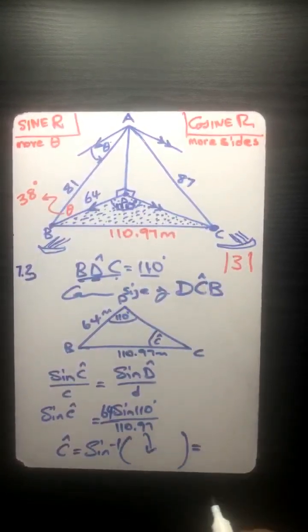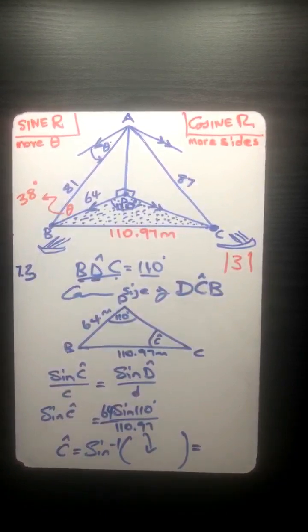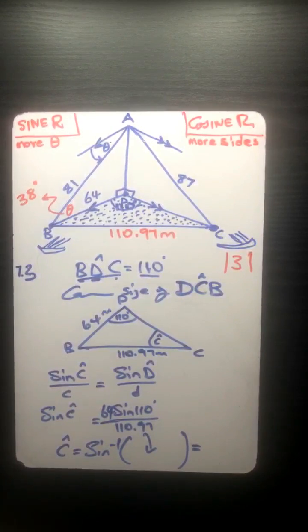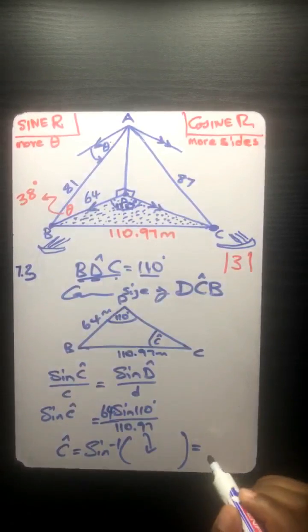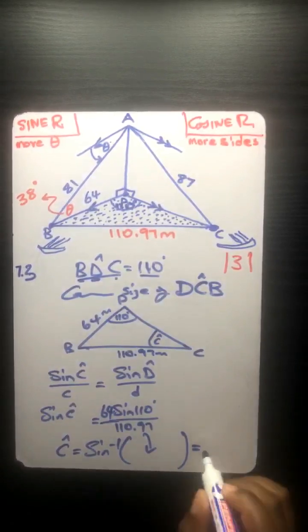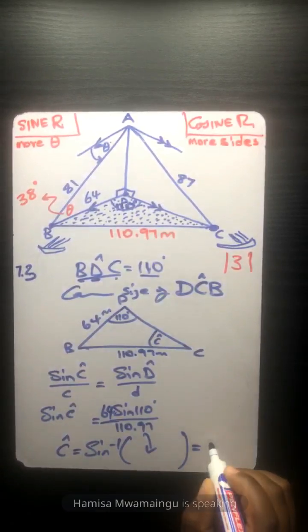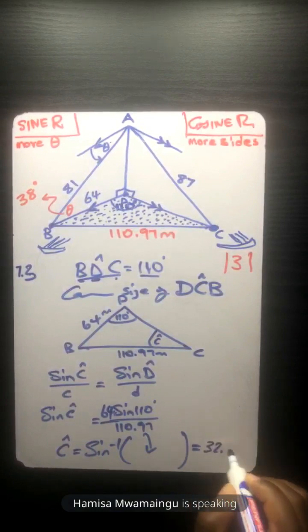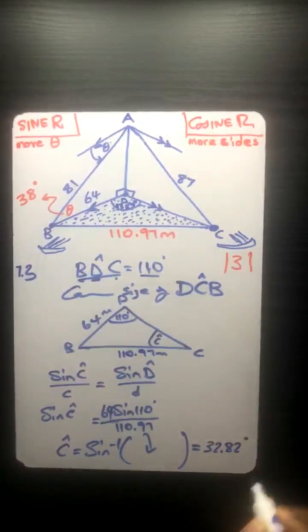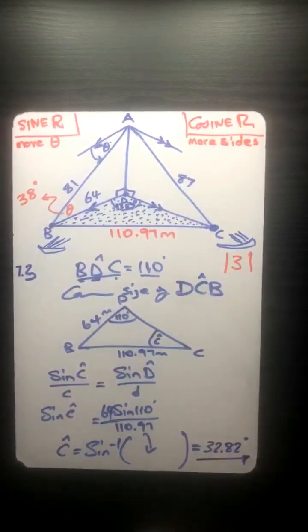Then, what is the angle of C? What is that, Hamisa? 32,82. 32,82 degrees. Then you are done.